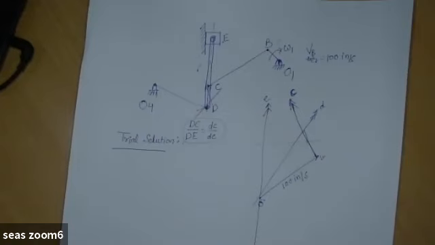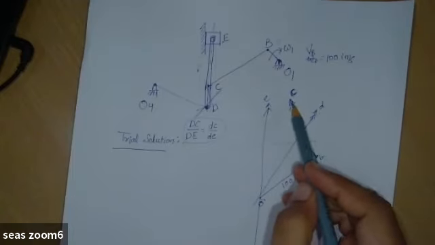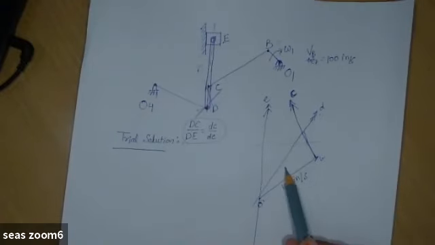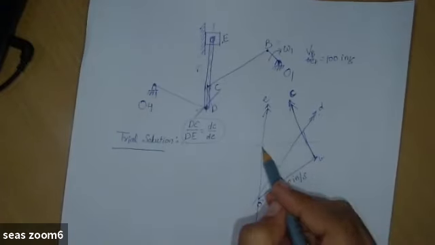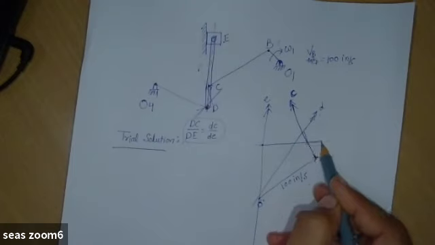How? Because see, we have point D, the vector D, the vector line C, the vector line E, and let's say you have taken any arbitrary dimension here and you have drawn a line here.